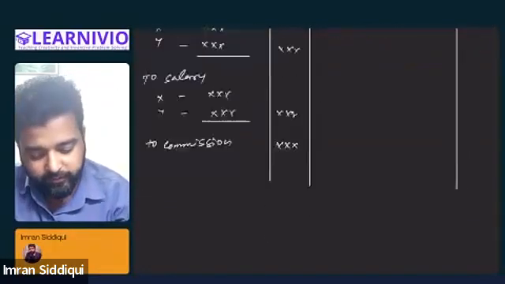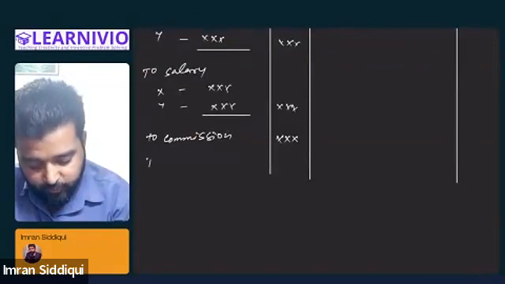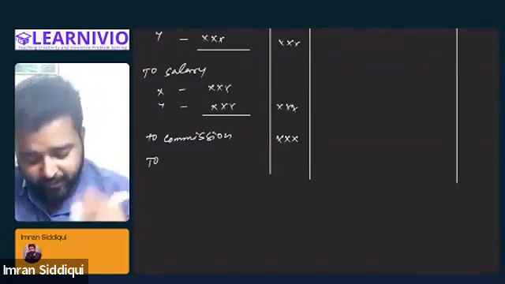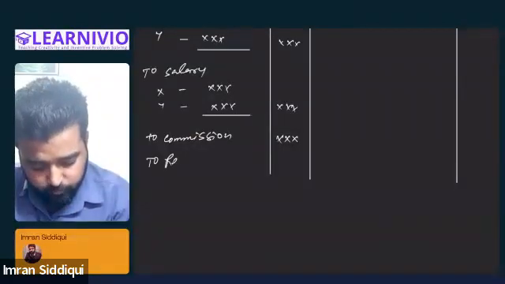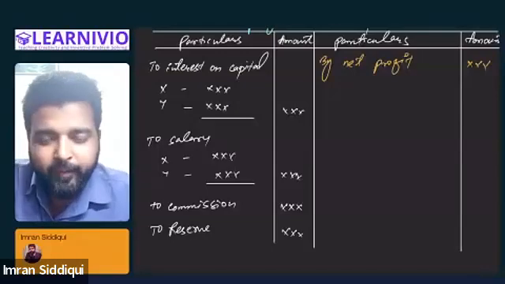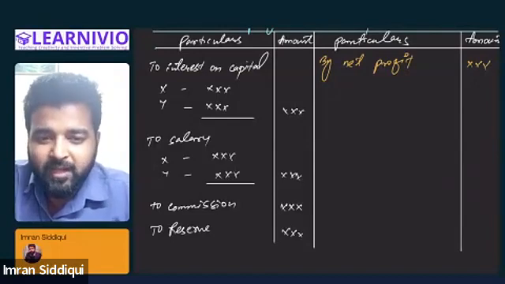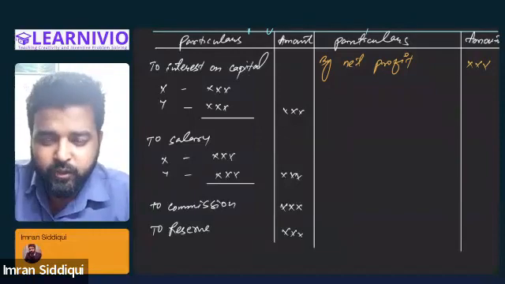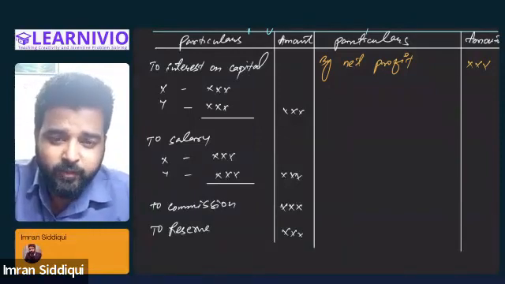Got it? Then if we have decided to keep a certain amount of profit as a reserve, that needs to be recorded here as well, "To reserve." So what I'm trying to tell you is, whatever payment we have to make to our partners, by way of interest on capital, salary, or commission, all such expenses need to be recorded on the debit side.